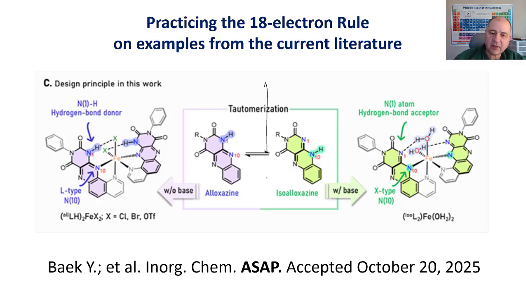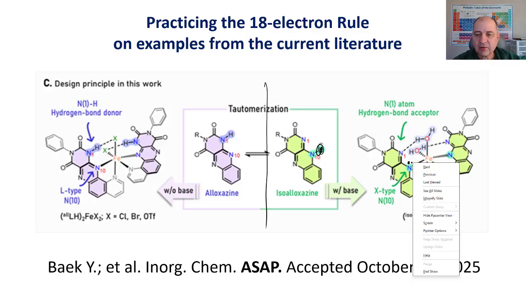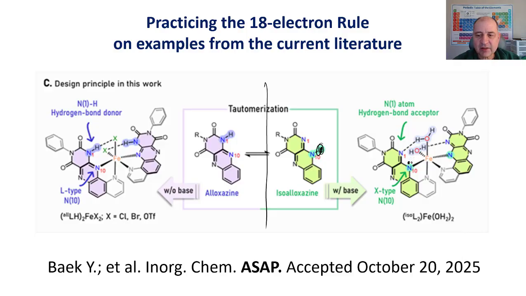So they are actually calling this the isoalloxazine. And in base, you do get the deprotonation, this comes off here, and this is how you get your monoanionic contact. And if you remember, I drew in a lone pair here, and so that pair of electrons is still there.